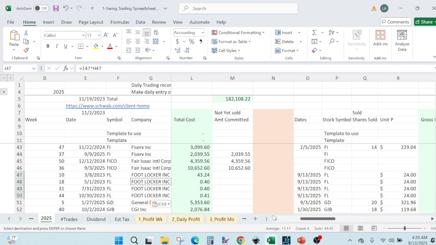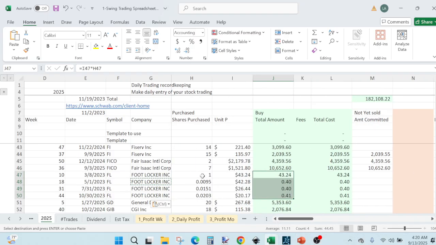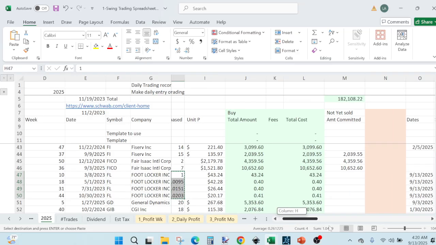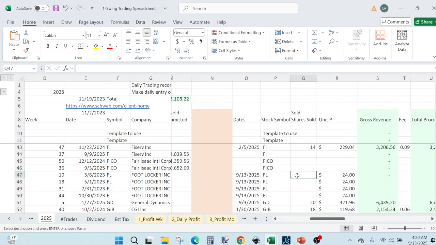In fact, going down there, I need to copy the stocks. Okay. And then I will paste those numbers here.